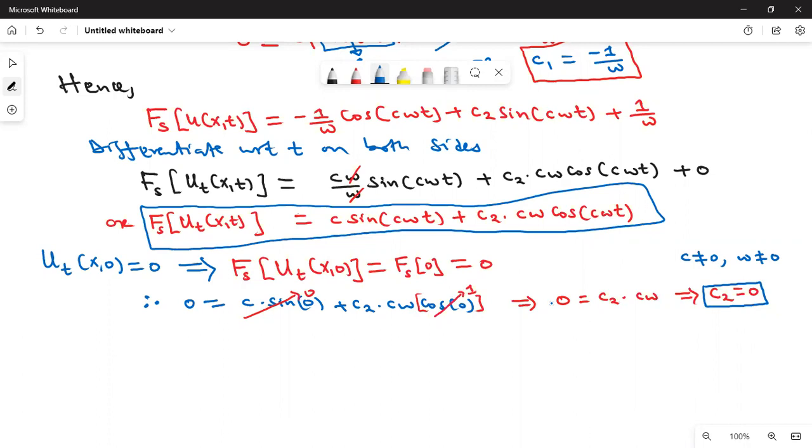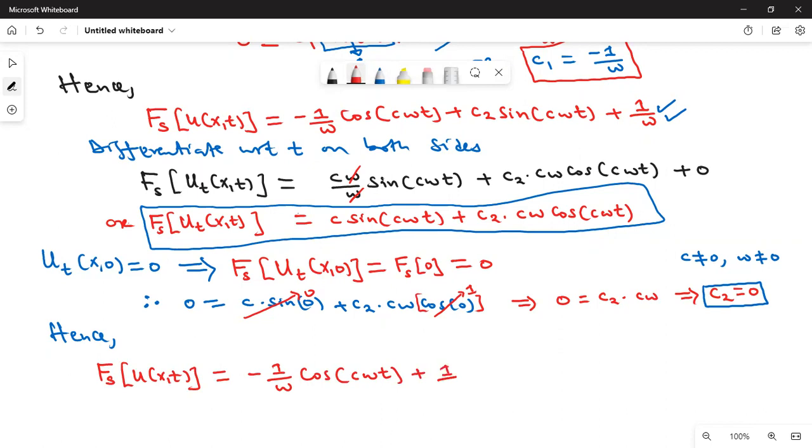So therefore, we come back and replace it here. We can just now say that hence, the Fourier Sine Transform of u of x,t should now be equal to, I've replaced C2 to be 0, so I'm just going to get -1 over omega cosine of c omega t. The other one is 0, so we'll have plus 1 over omega.